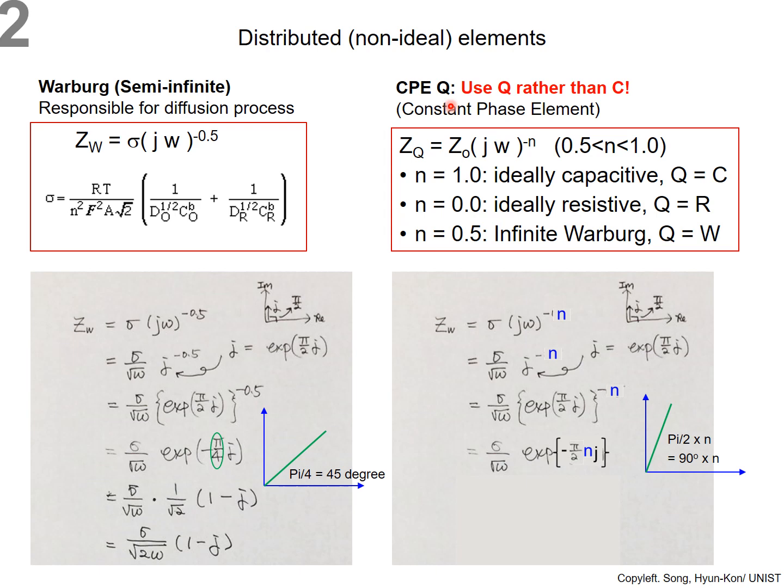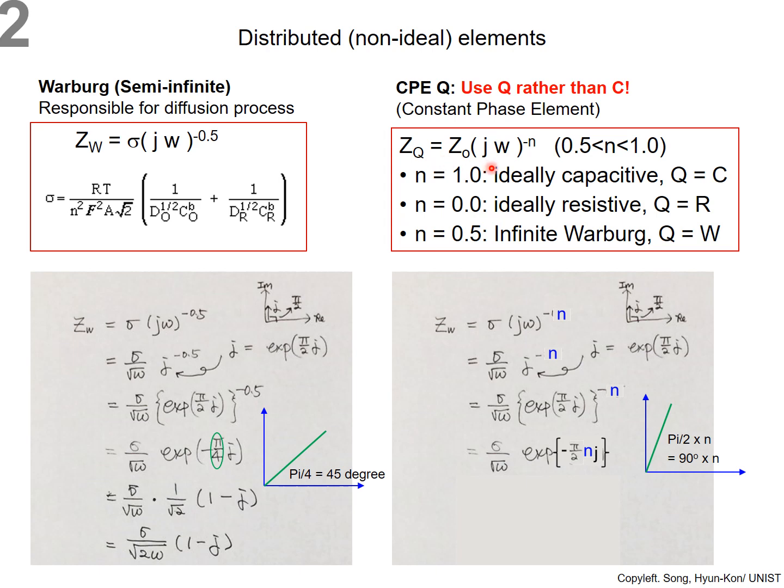The CPE is the extension of the Warburg impedance and also the capacitor impedance. It looks like that. Impedance of CPE, Q represents CPE. Impedance of CPE is equal to some amplitude with (j omega) to the power of minus n.